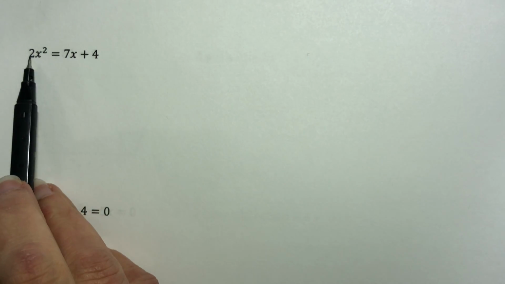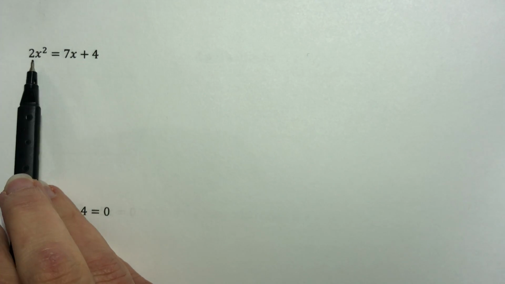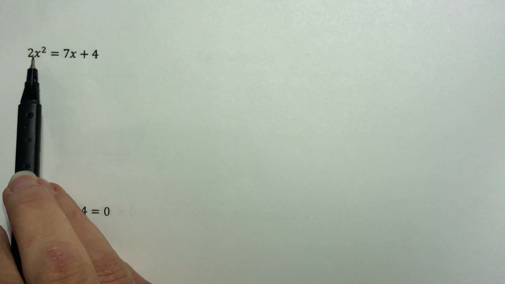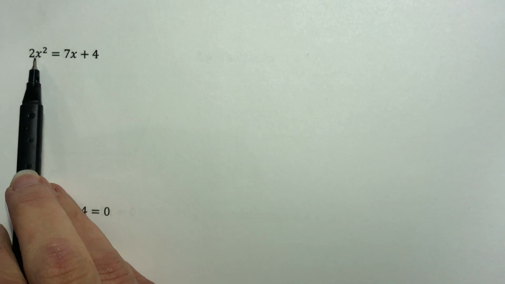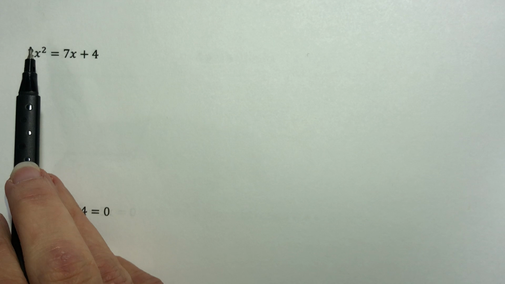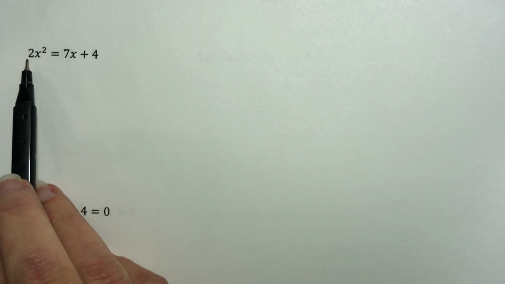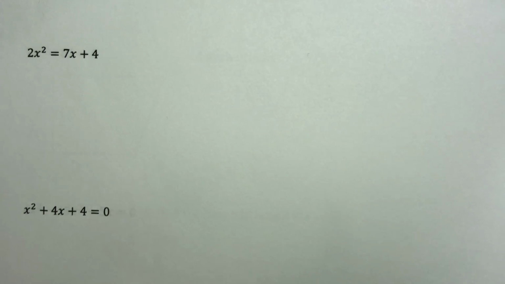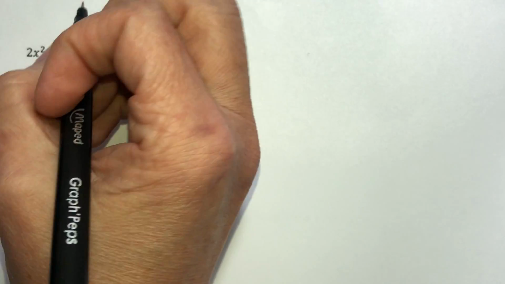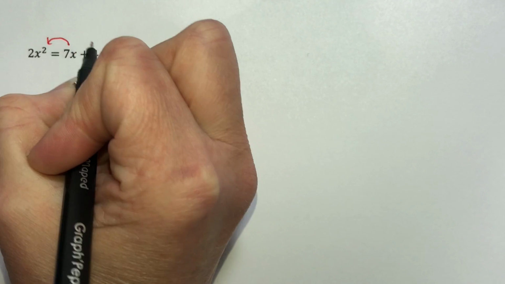We want our first number to be positive because we're going to end up needing to factor these, and factoring is always easier if the first number is positive. The easiest way to get a 0 would be to subtract this from both sides, but then that's going to give me a negative in front. So even though it's the harder way to get a 0, I want to move the 7x over here, and I want to move the 4x over here.